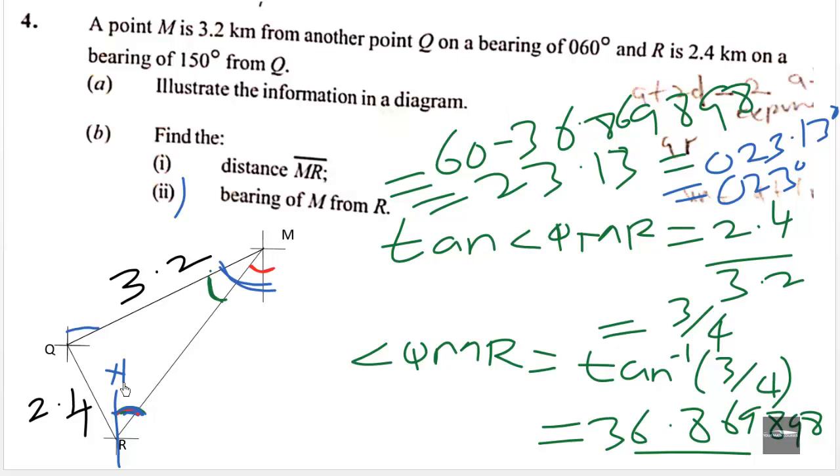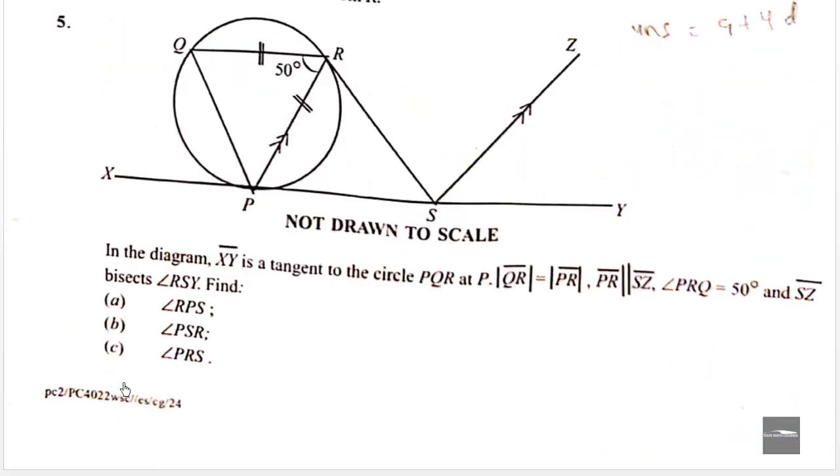So we look at the fifth question. In the diagram, line segment XY is a tangent to the circle PQR at P. It's a tangent here. And we're told that line segment QR, this line, is equal to line segment PR, this one.